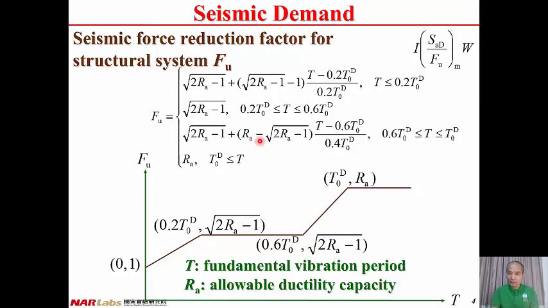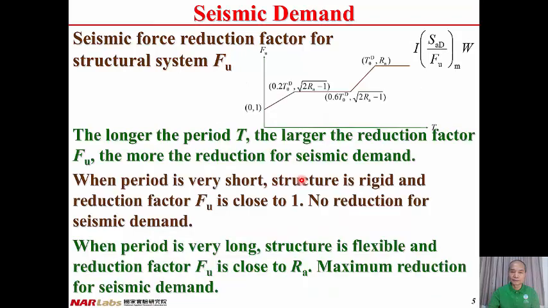The second segment is from 0.2 T0D to 0.6 T0D, and FU is constant, equal to square root of 2RA minus 1. In the range from 0.6 T0D to T0D, FU increases from square root of 2RA minus 1 to RA. And when T is larger than or equal to T0D, FU is constant again, equal to RA, the allowable ductility capacity.